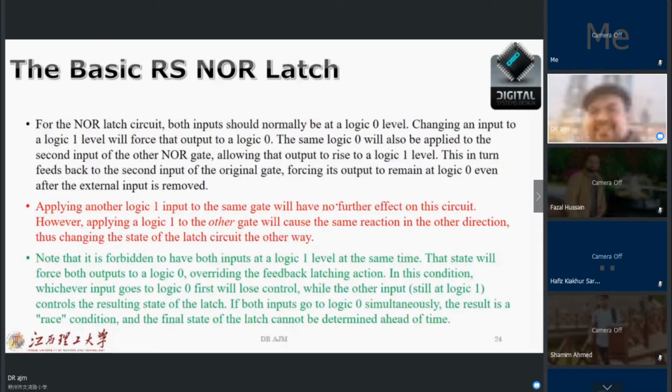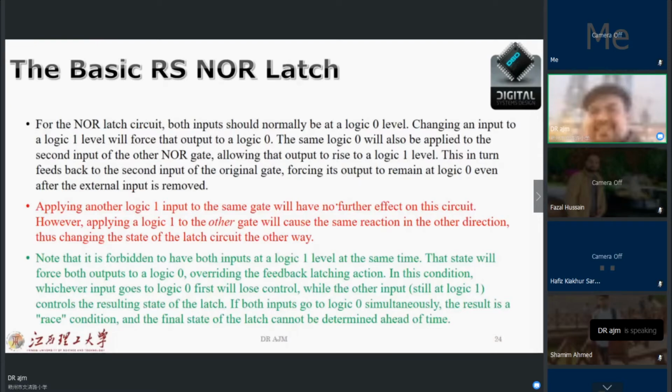Note that it's forbidden to have both inputs at logic 1 level at the same time. That state will force both outputs to logic 0, overriding the feedback latching action. In this condition, whichever input goes to logic 0 first will lose control, while the other input, still at logic 1, controls the resulting state of the latch.